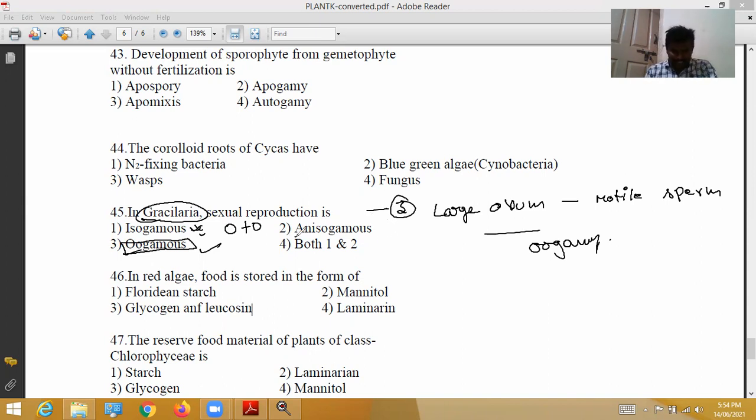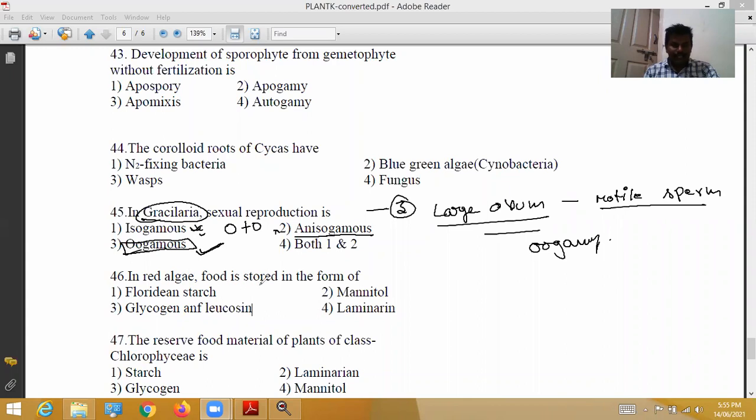But in this case, the gametes are not motile, both of them, so the second option is wrong. In the third, a large ovum is fused with a motile sperm. In Gracilaria, sexual reproduction occurs in the oogamous type.